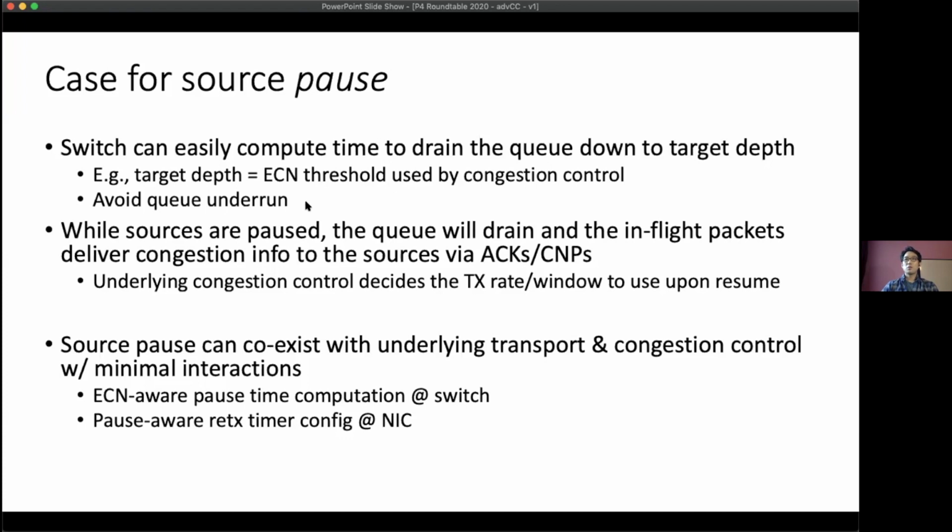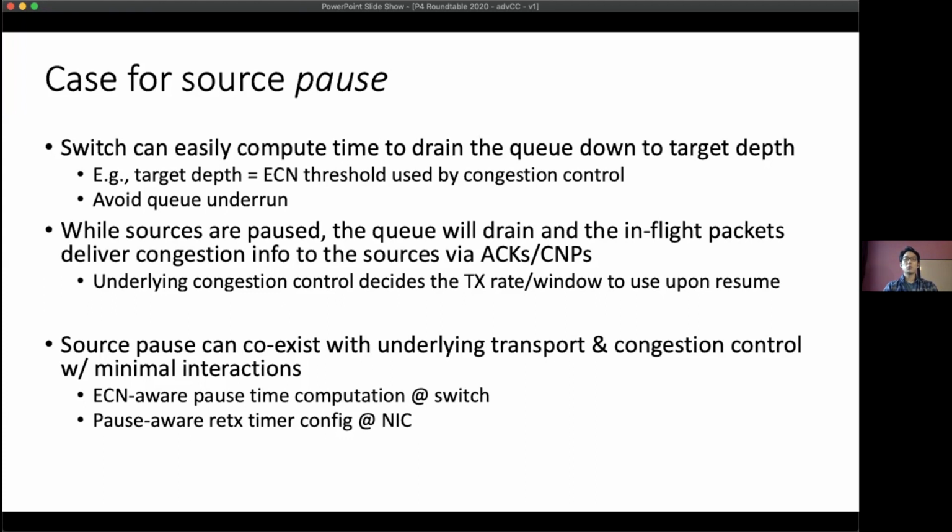While doing so, the queue can still drain the packets already queued up, and those in-flight packets can deliver the congestion information like ECN, reflected by the receiver back to the traffic sources in the form of ACKs or CNPs. So then the underlying congestion control can learn about those congestion to some degree and do proper rate or window adjustment.